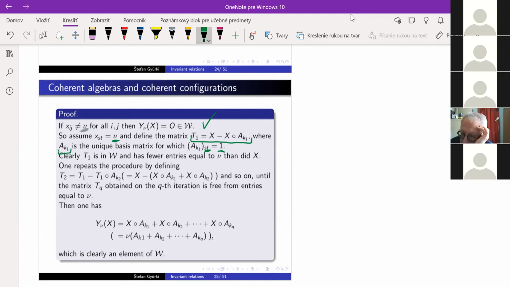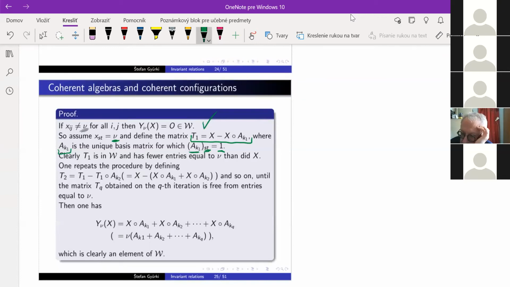So we can create a new matrix which will eliminate this entry and also all the other entries which are on the places where this matrix A_k1 has the entry 1.